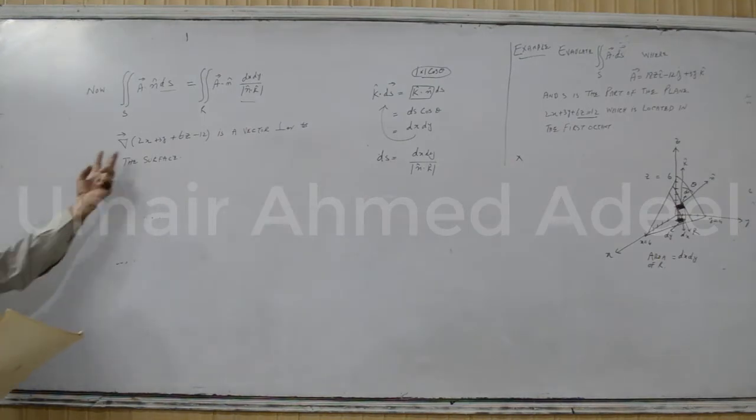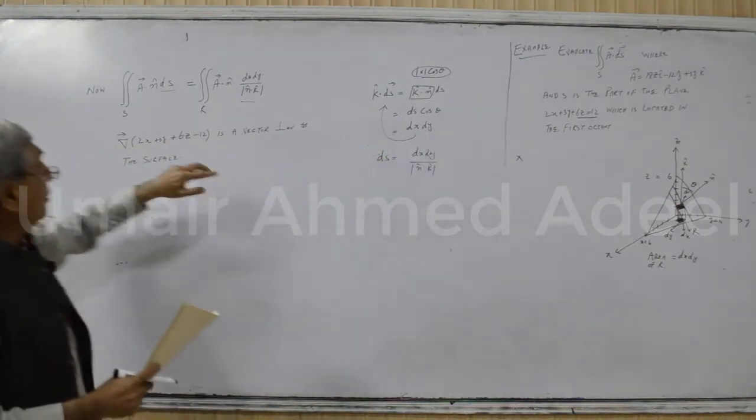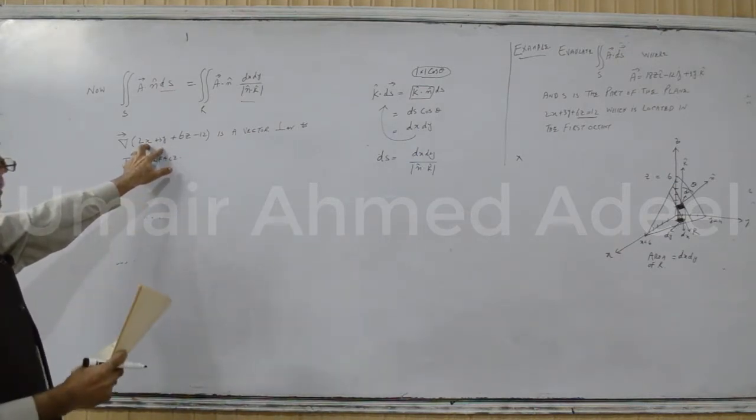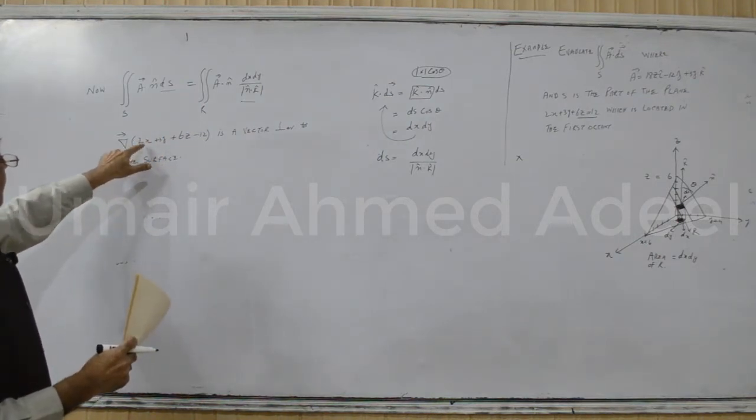This is in fact the gradient of this scalar quantity, that is the surface equation. So if you take the gradient, and I have already described it when you were here in the live class, this always represents a perpendicular to the surface.